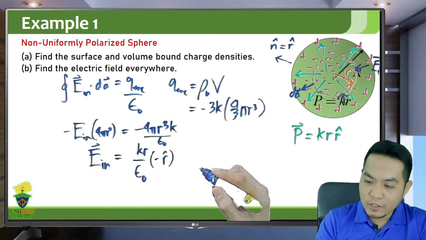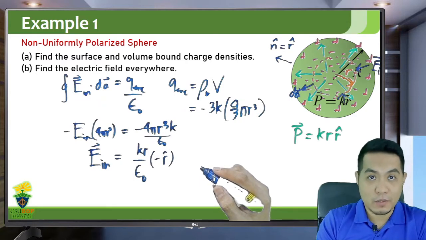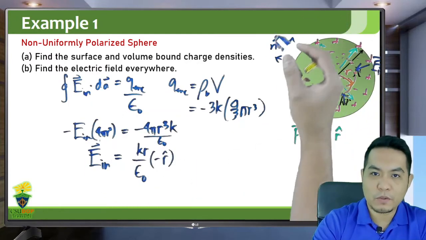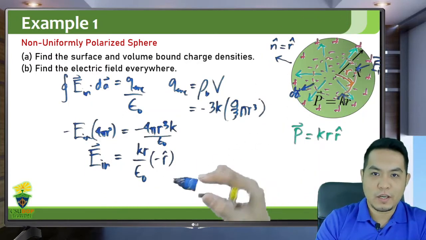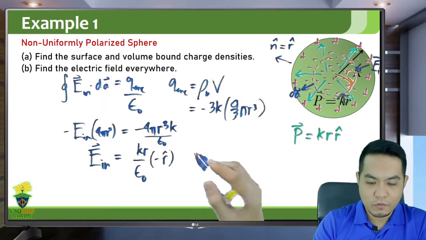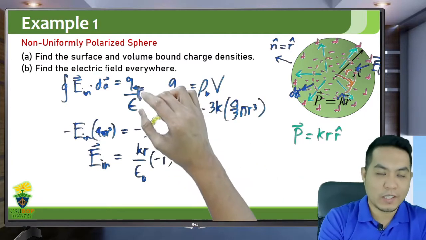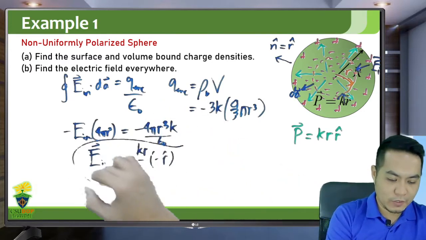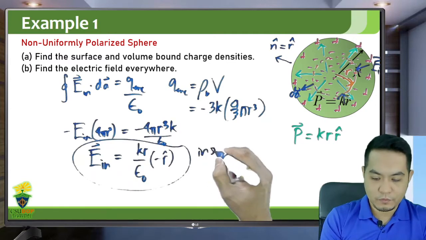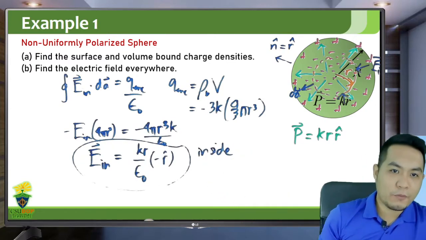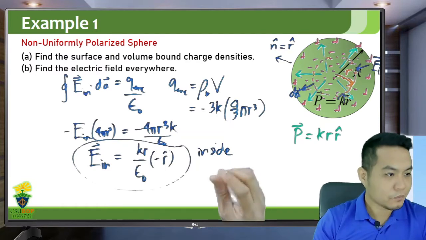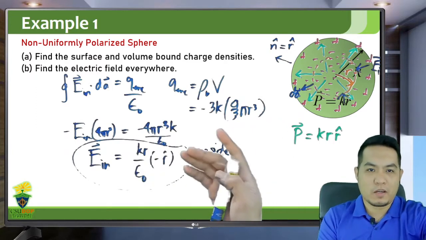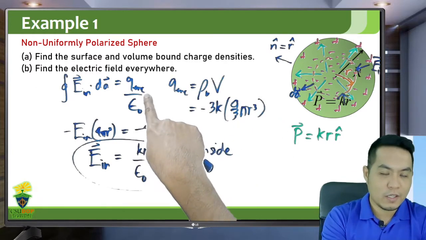Okay, we can do the same for the electric field outside. We use Gauss law, make a Gaussian surface outside, and the key for Gauss law is finding the total charge enclosed. For the electric field outside, we achieve it with the same solution except for the charge enclosed.